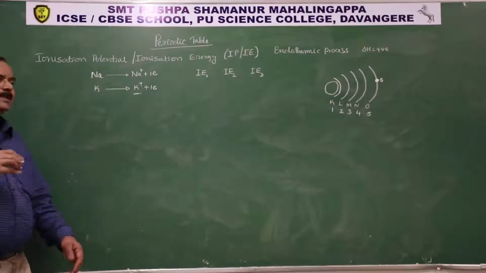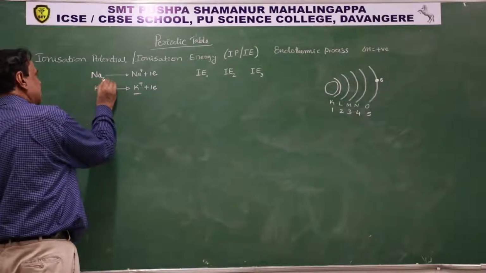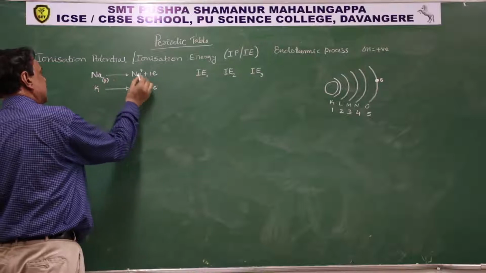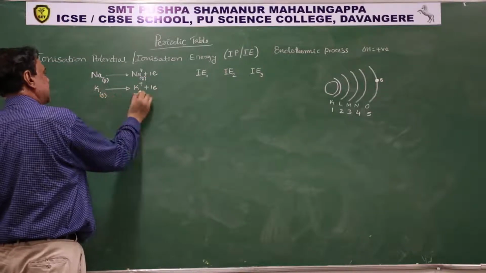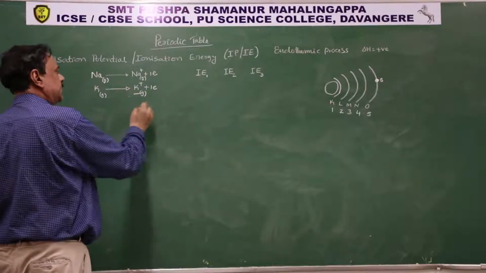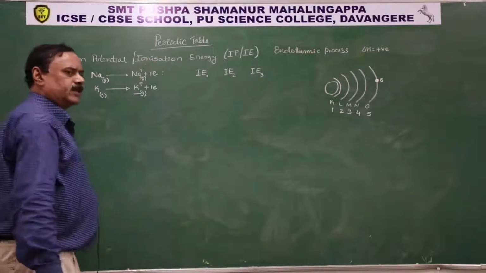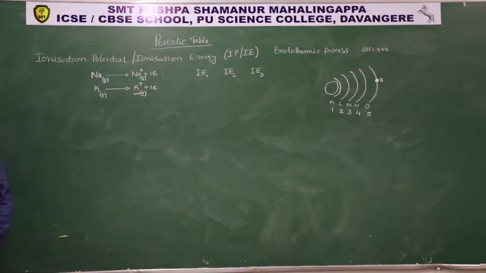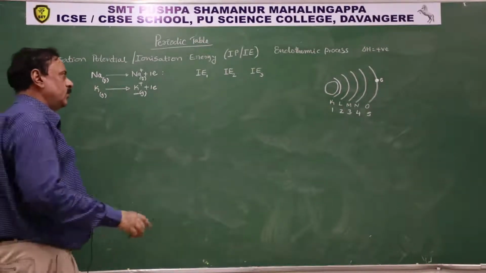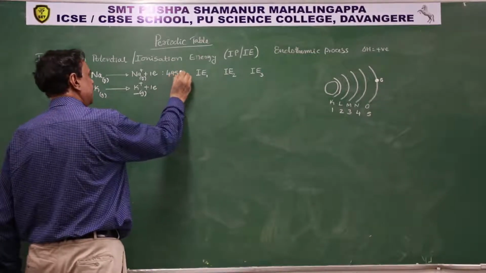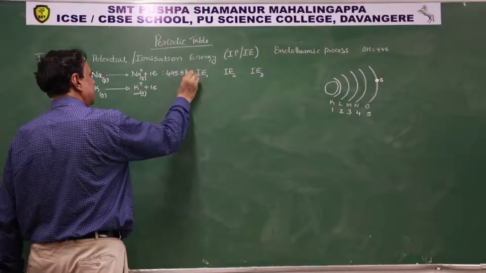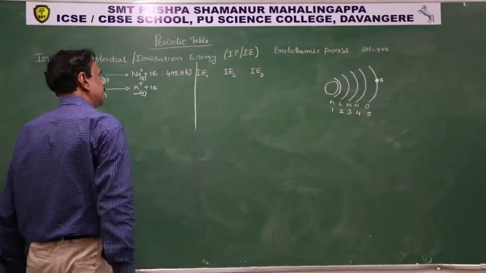Now that should be in the gaseous state, and this should also be in the gaseous state. What about the delta H, that is the IP values? The IP value is equal to 495.5 kilojoules.